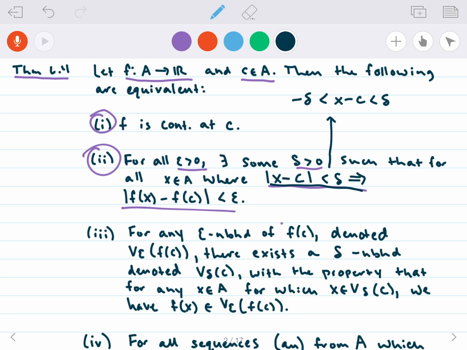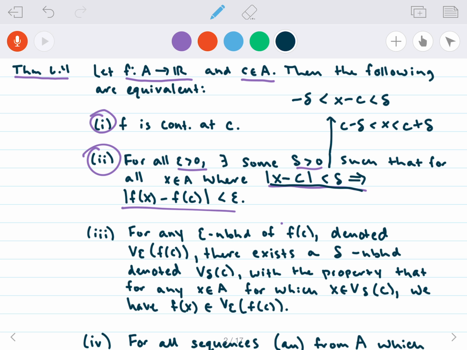And if I add c to everybody, this tells us that x is going to live between c minus delta and c plus delta. Okay, so it lives in the neighborhood centered at C.